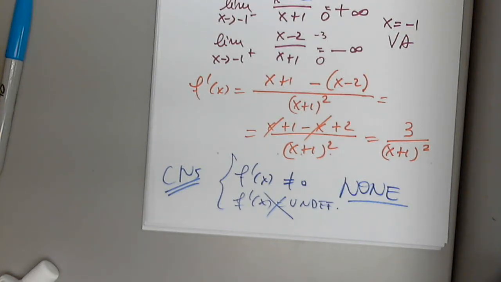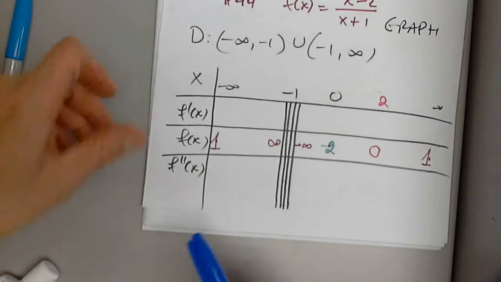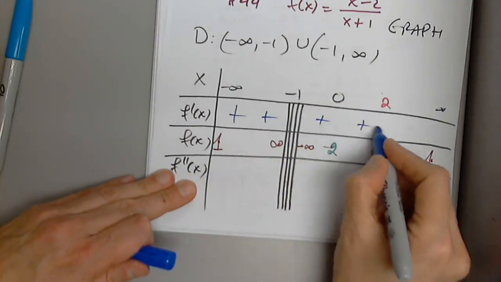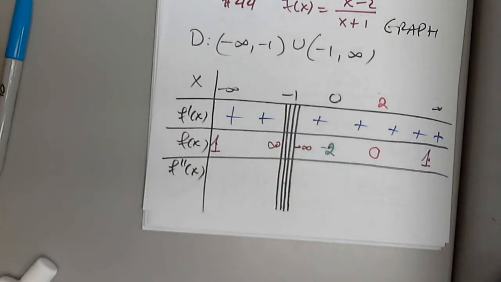I need the sign of this expression. Can anyone give us the sign of this expression no matter what? Positive. Very good. What does that say about the function? Forever increasing. Now I have no idea whether my calculations are right or wrong. At this point, I have to make sure that these two rows work well together.